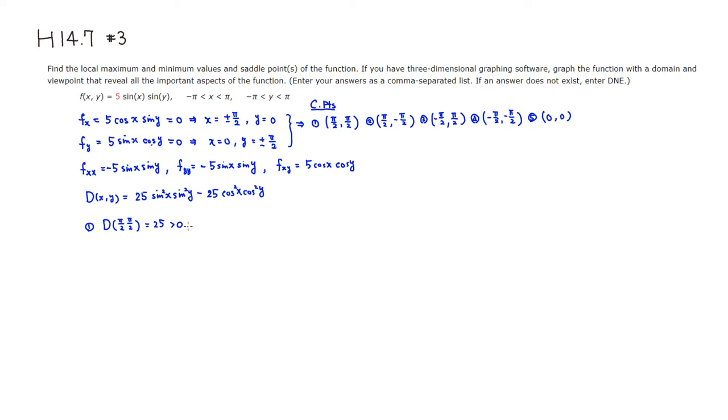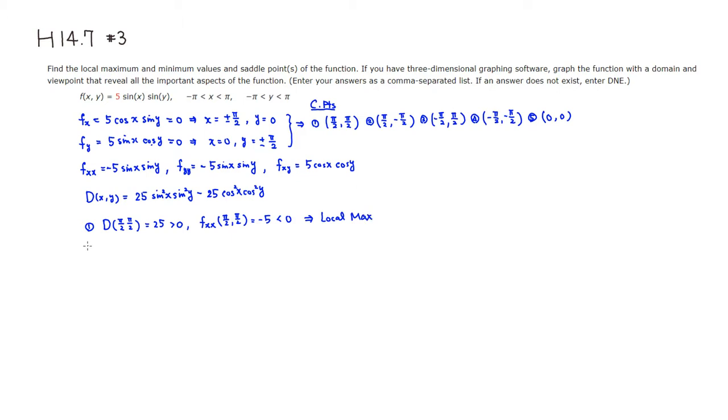So we're going to look at the second partial with respect to x at (pi over 2, pi over 2). Sine of pi over 2 is 1, sine of pi over 2 is 1. So this is going to be negative 5, which is negative. So it tells you that the bowl is facing down. So we know that this is going to give us a local maximum.